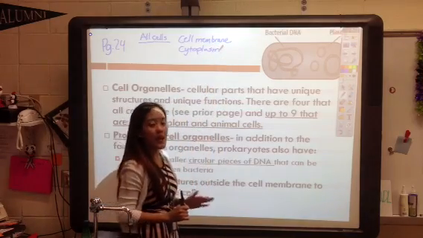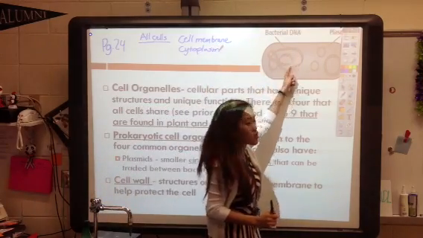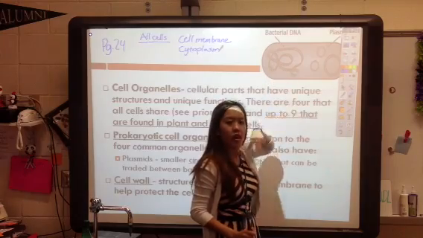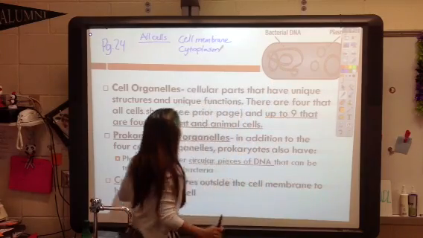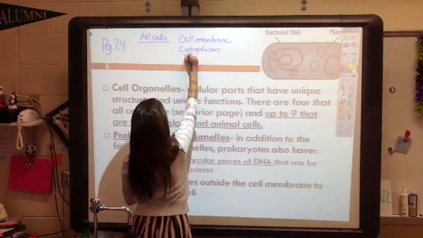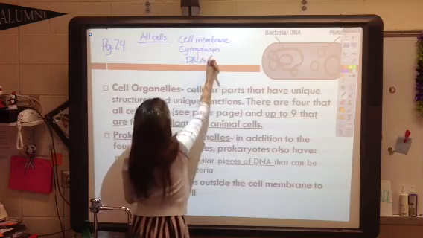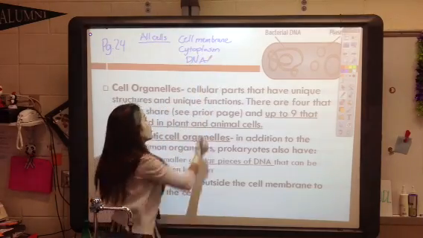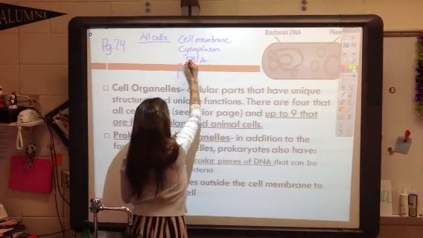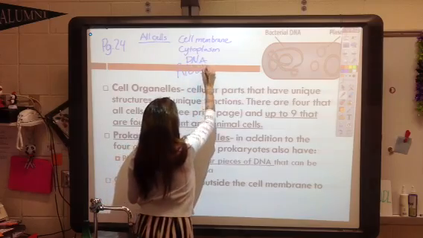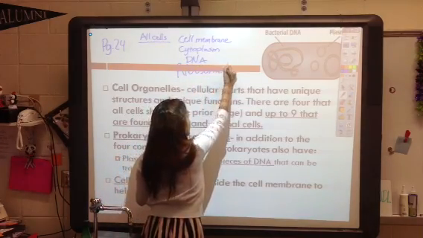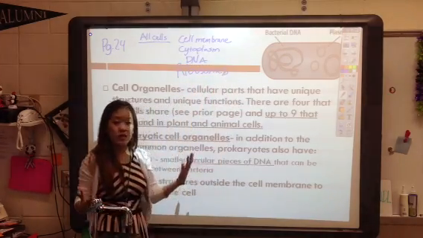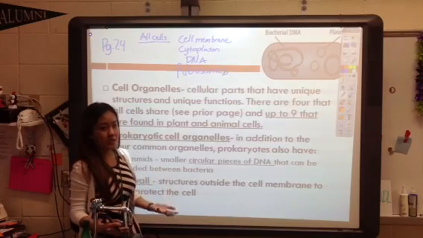All cells had a type of DNA. It can be circular, like in the bacteria, or linear, like in our eukaryotic cells. So they all had DNA. And the last thing that they all had were ribosomes, which help to build proteins. And remember, proteins perform all the functions inside of the cell.